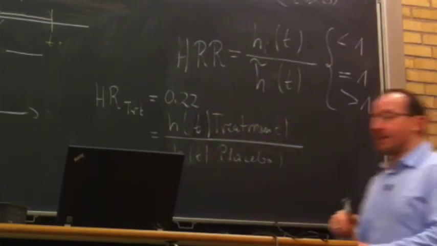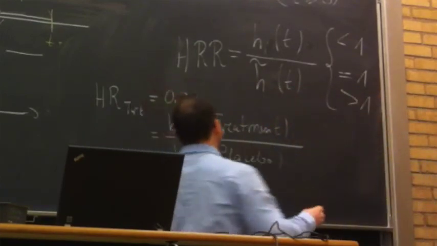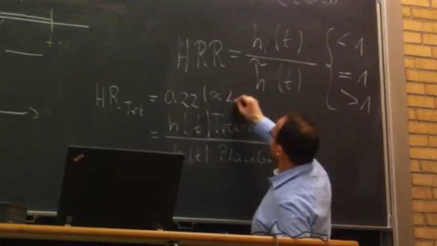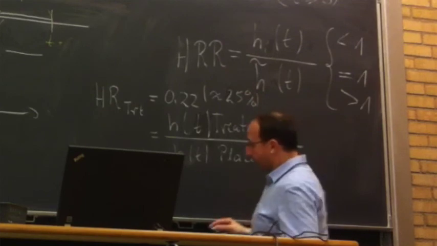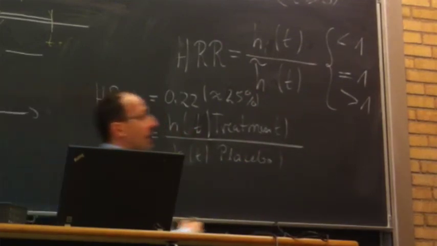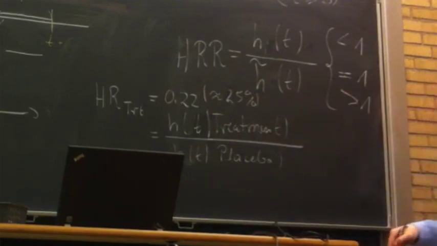And you can say that it is about a quarter. So the hazard in the treatment group is about 25% less compared to the hazard in the placebo group.